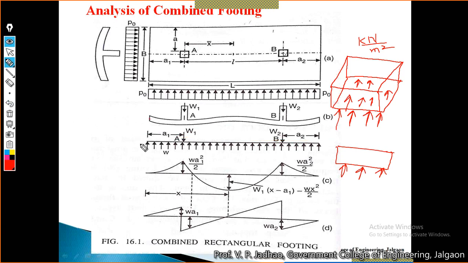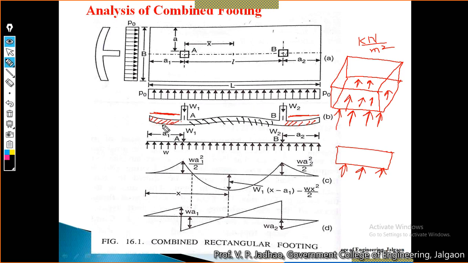Now in longitudinal direction, we are assuming that this is a complete beam, and some portion of this particular beam is cantilever for this particular region, whereas the remaining portion of your beam is supported on these two columns.